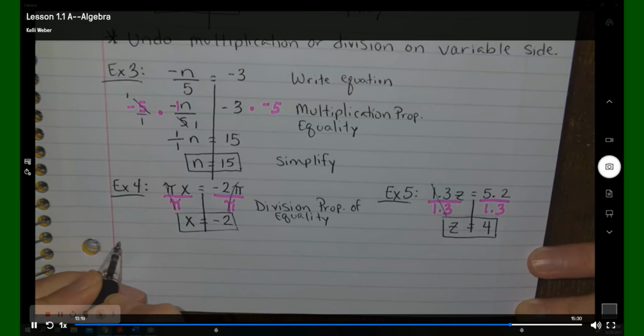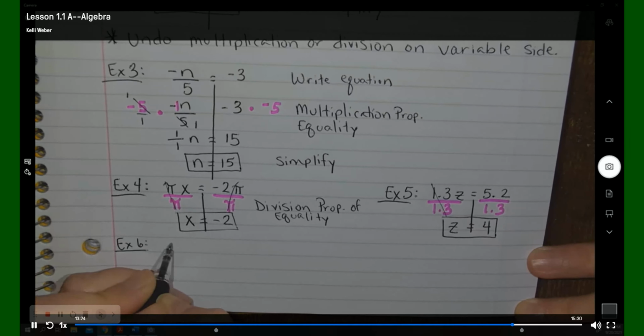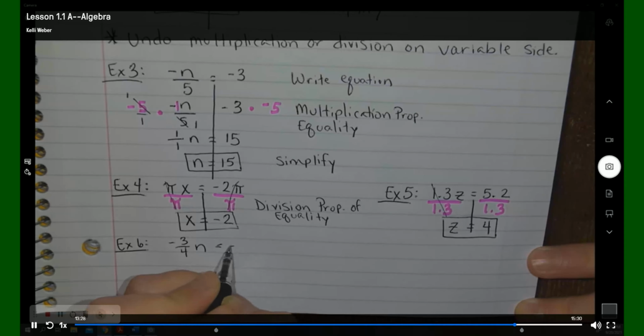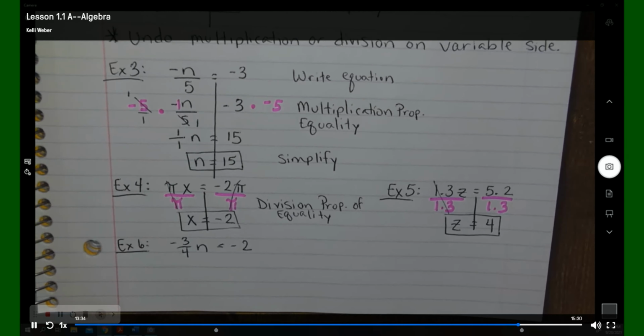And then last, example 6. If we have -3/4 n equals -2. So when I'm looking at this, -3/4 times n, automatically I think, okay, it's multiplication. To undo multiplication, I have to divide.